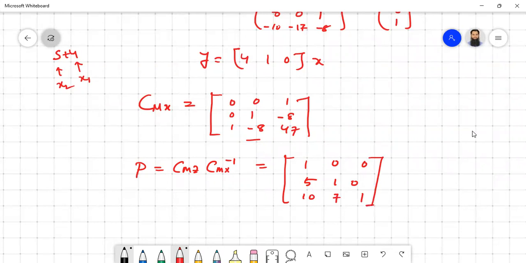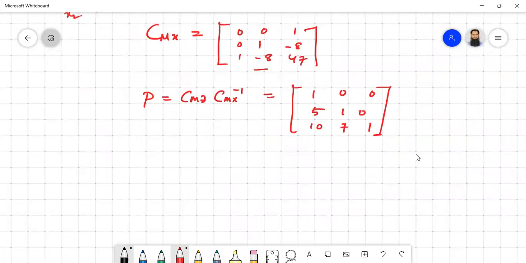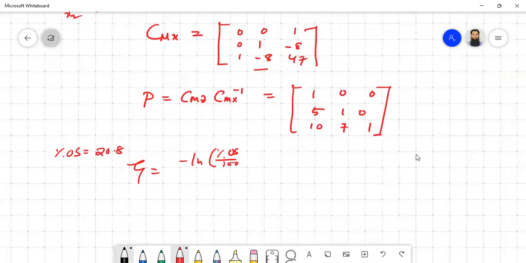Okay, so once you have the transformation matrix, now let us figure out the system gain. So for the gain, what we know is that the specification given is our percentage overshoot, and for the zeta value from the same formula, zeta equals minus ln of percentage overshoot by 100 divided by root over pi square plus ln square of percentage overshoot by 100.